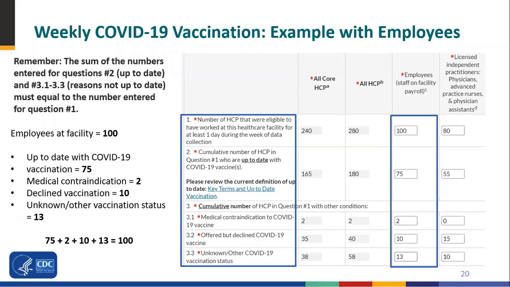Out of the 100 employees reported for the week, we see that 75 of them are up to date with vaccination. 2 employees reported medical contraindications, 10 declined vaccination, while 13 reported unknown or other vaccination status. When you add the numbers that are reported for questions 2 and 3, you'll see that they add up to the number reported for question 1, which is 100.